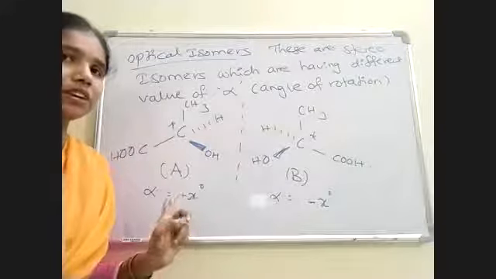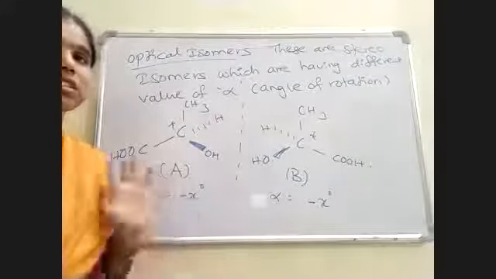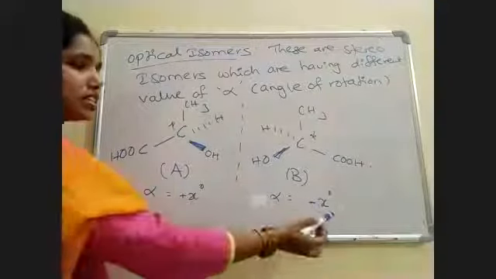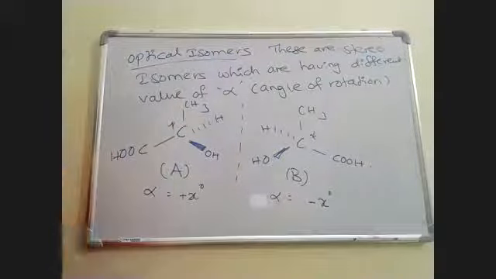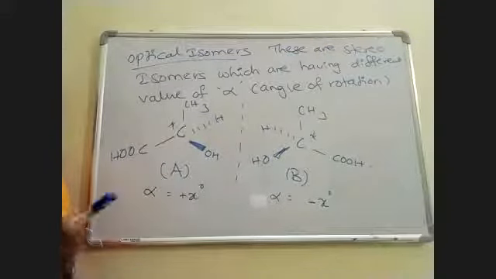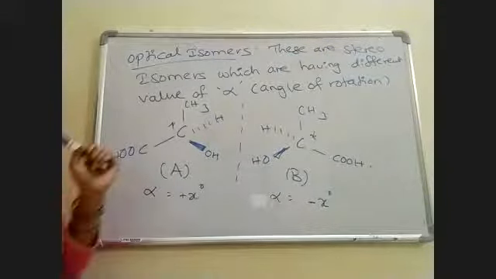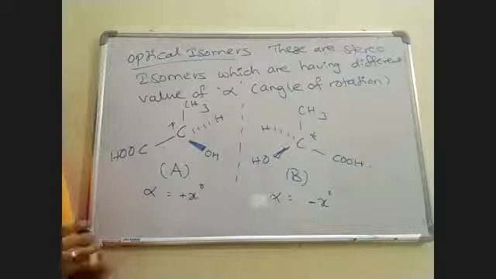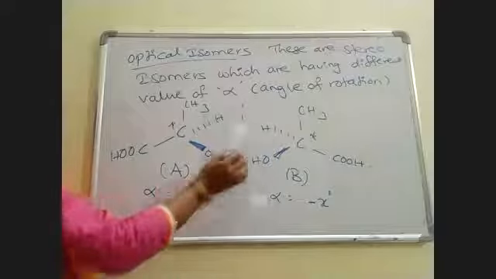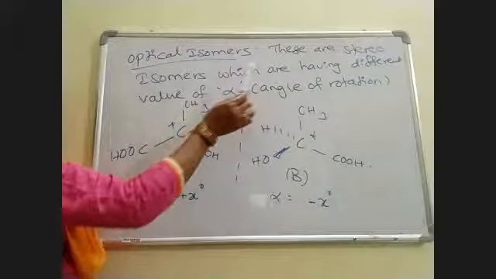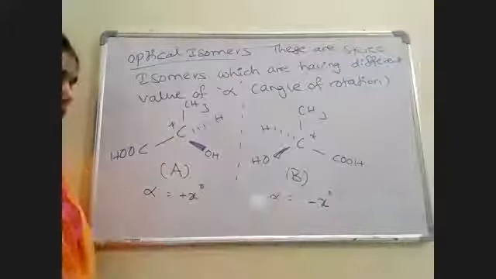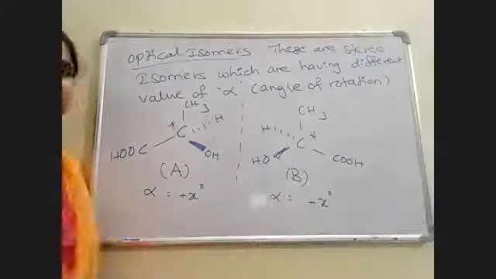The direction is different, but the angle of rotation is the same. That much you have to remember. If one molecule rotates to the right, then its mirror image rotates to the left. These two are also called optical isomers, having different values of alpha: here plus x, there minus x.